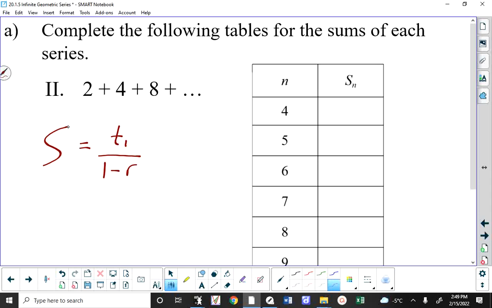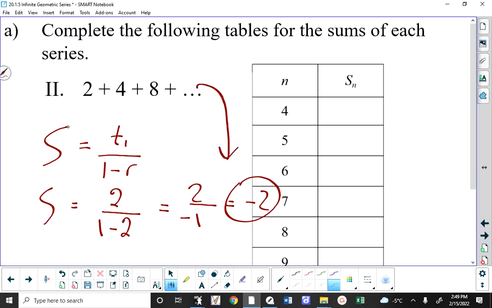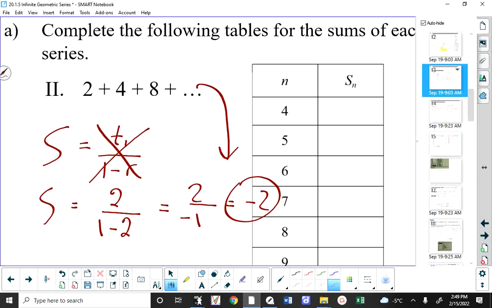Let's see. 2 over 1 minus the common ratio is 2. We get 2 over negative 1, we get negative 2. Can that possibly be what the sum of these numbers is going to give you? No, because you're not allowed to use this formula for this series because it's not convergent. You can't use it all the time. You can only use it if it's convergent.